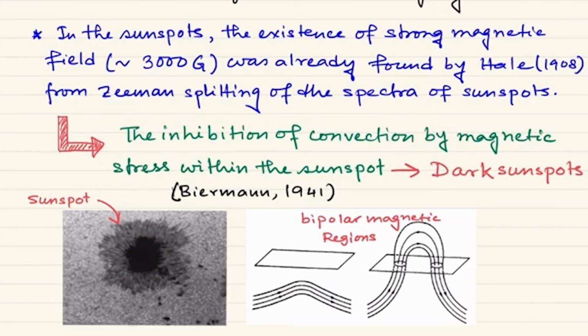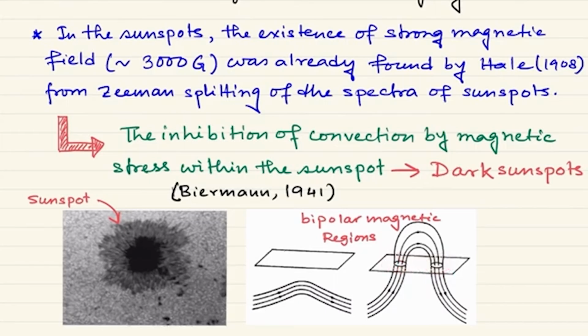So they are almost always, very frequently, found in couples. These two sunspots are simply located very near to each other, very close to each other.